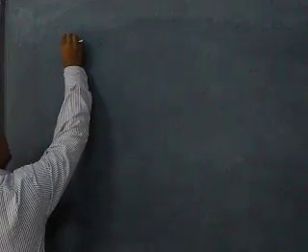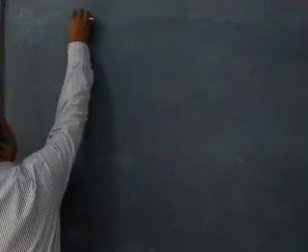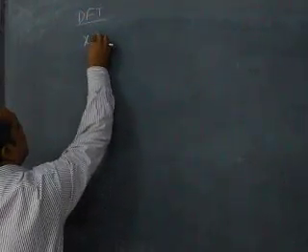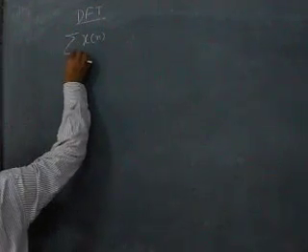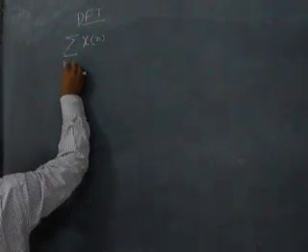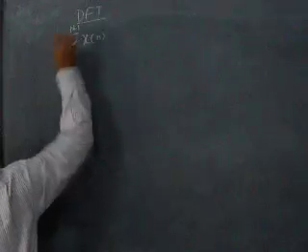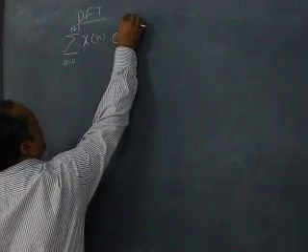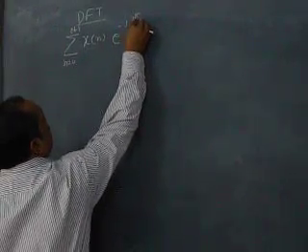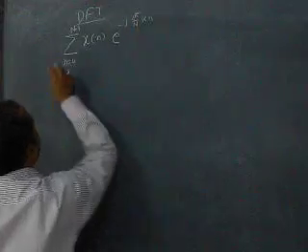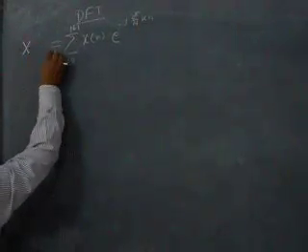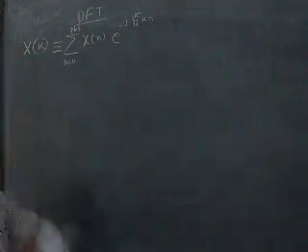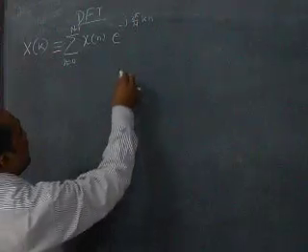DFT of any discretized signal x of n, say x of n is any signal, then its DFT is represented in this manner, that is the summation over the range 0 to N minus 1 of x of n and e to the power minus j 2 pi by N multiplied by kn, and it is defined as the DFT corresponding to this signal, that is X of k.